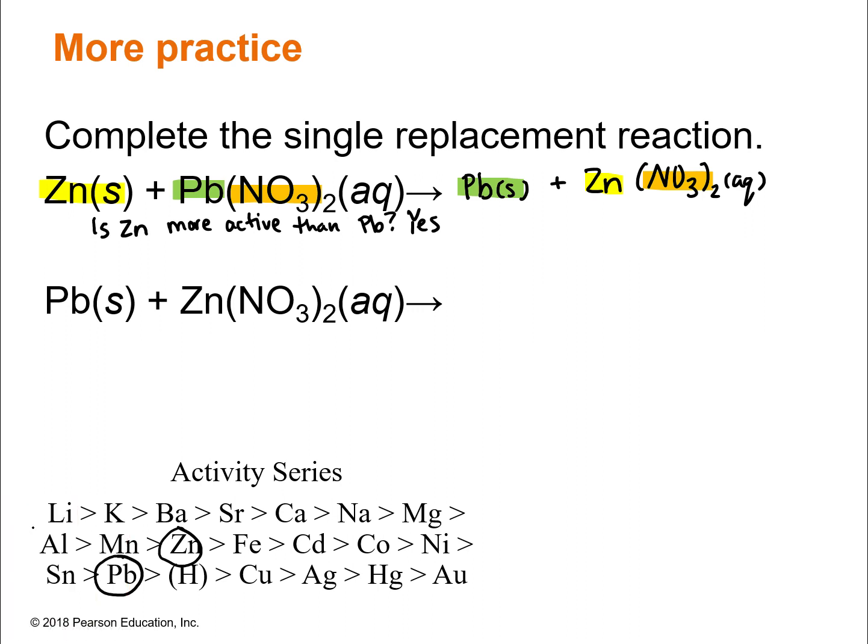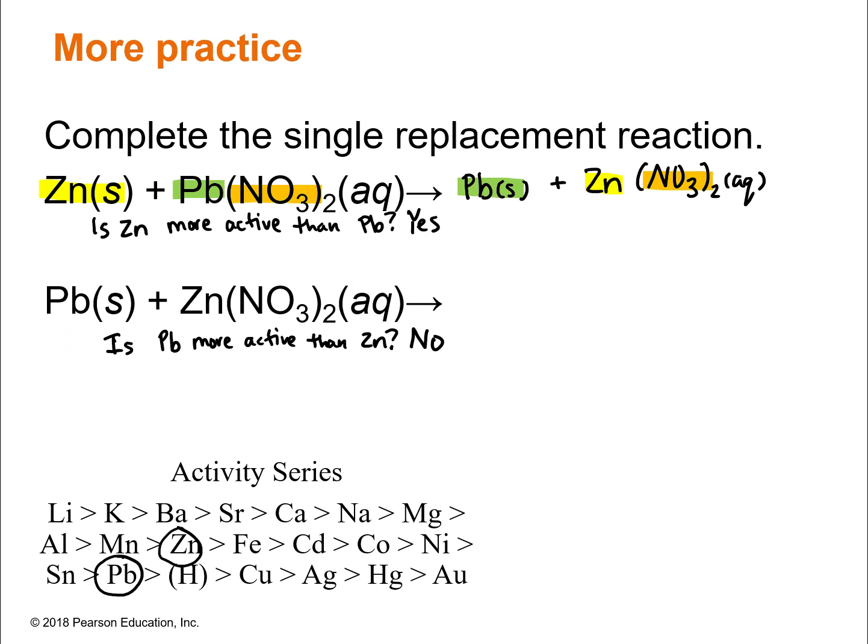What if we reversed it? We've got solid lead and zinc nitrate. Now the question is lead more active than zinc? The answer to that question is no, because zinc comes first.